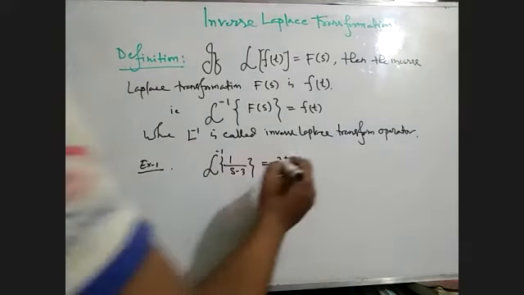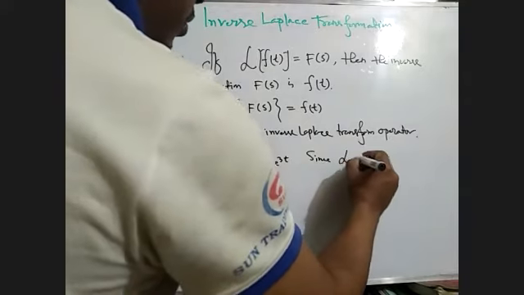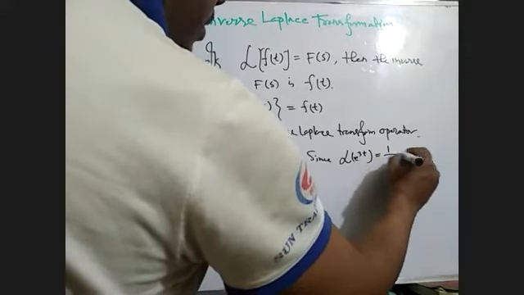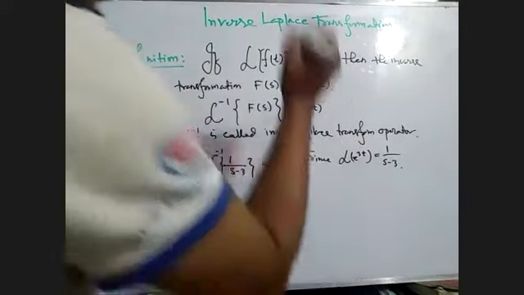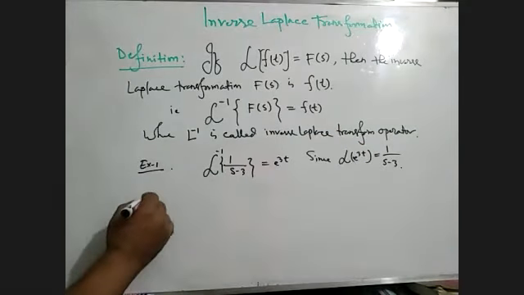Okay, because the Laplace transformation of e to the power 3t equals 1 by s minus 3. In our previous lecture, we have proved this result. This is example 1.